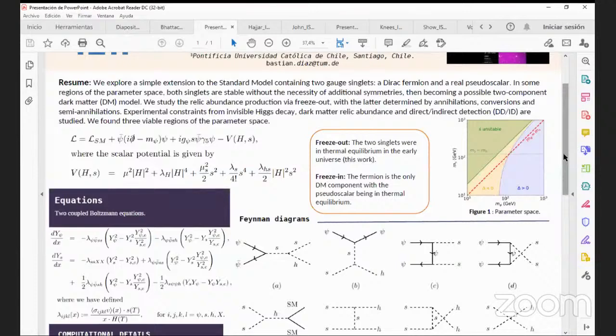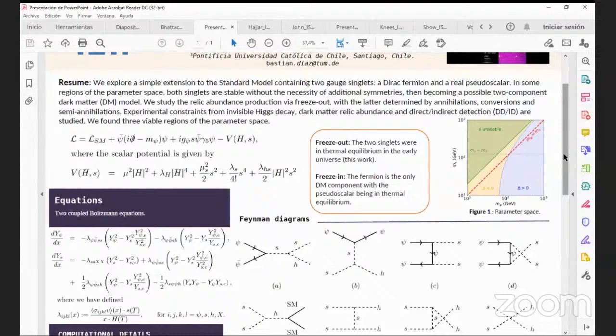On the right side, we can see the mass range that we explored, from 10 GeV to 1 TeV for both particles, and not all the points are allowed in order to have both fields stable.